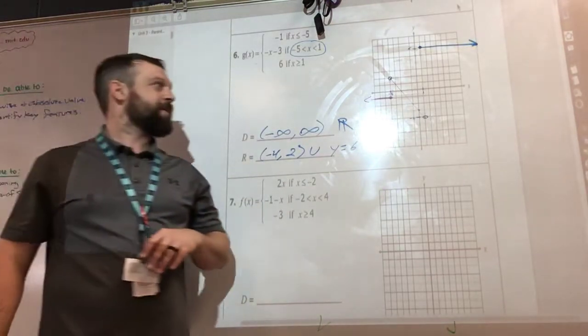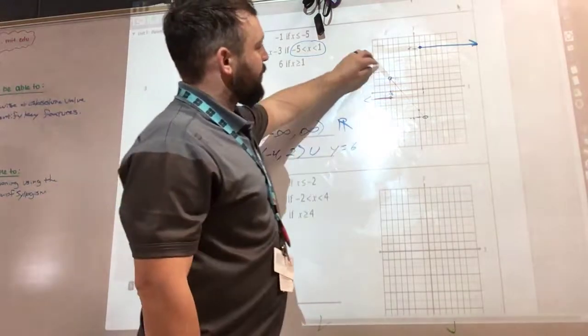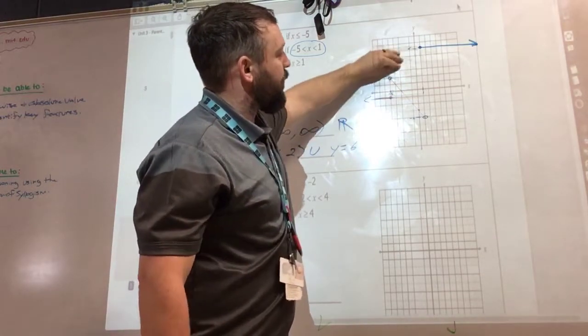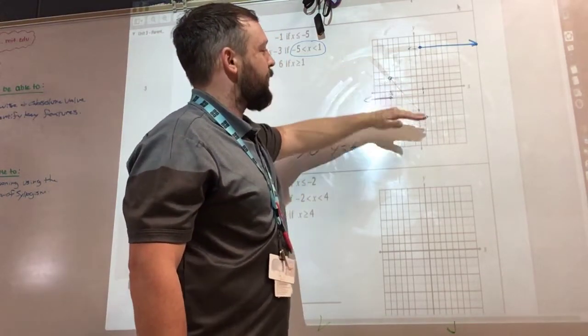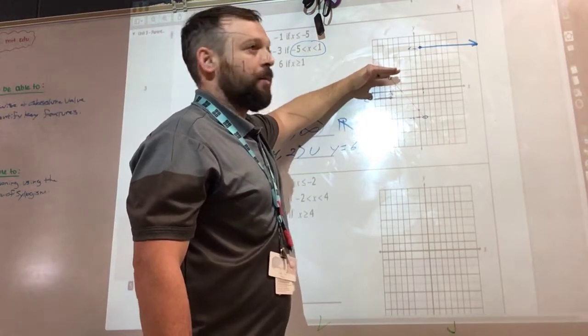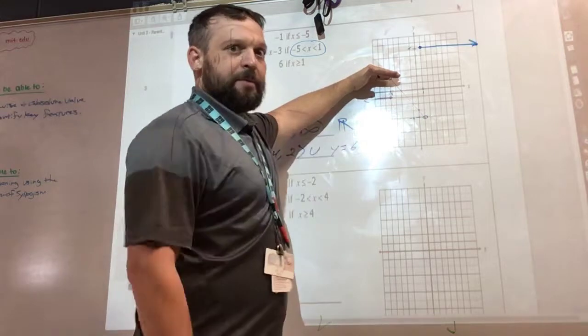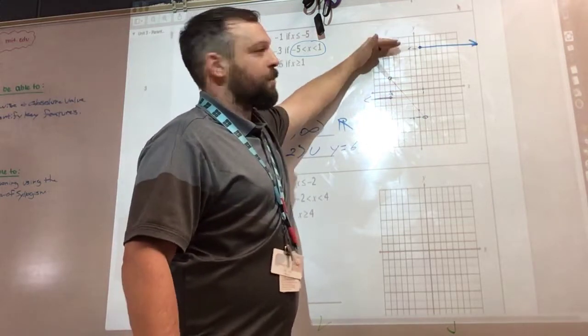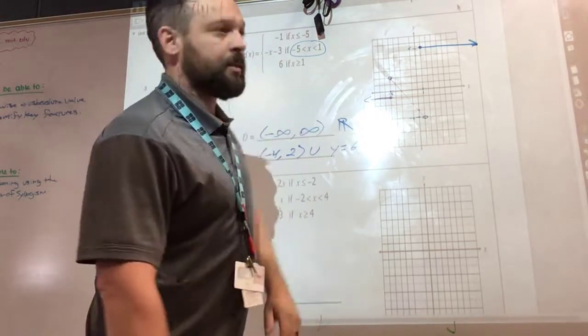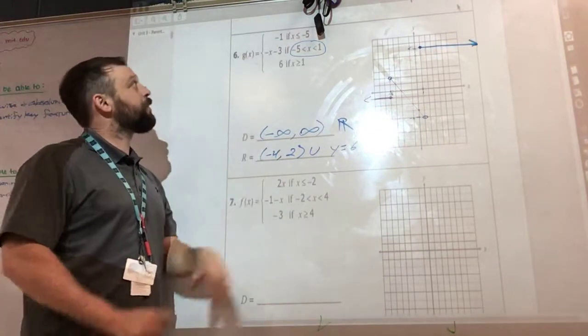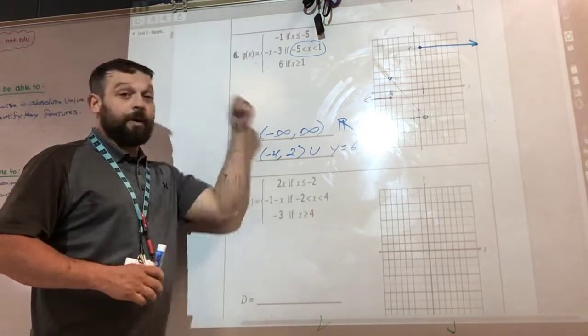That's kind of weird to think about, because there's no continuation of any graph in this general area right here, so it's like you're from here to here. There's all sorts of stuff here. Then it stops, so there's nothing, and all of a sudden, boom, you pick right back up, and there's 6. So that's how you would do number 6.